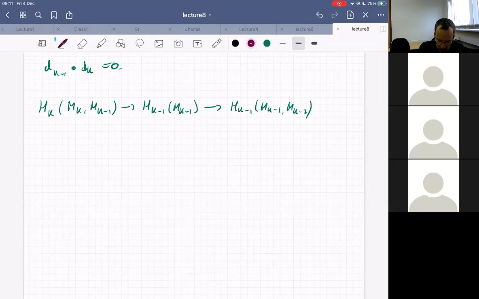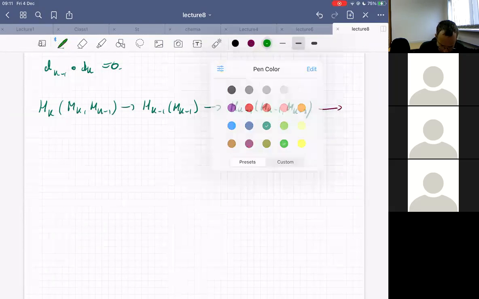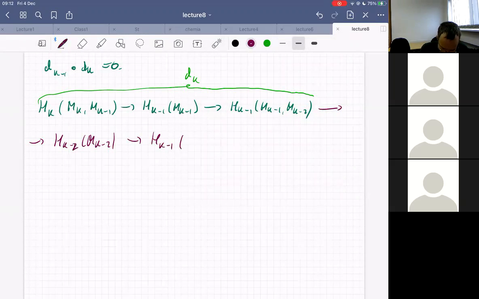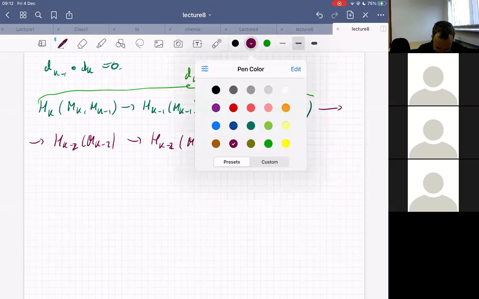This is the first map, so now I change the color. So this is dk, and now I change the color, and then I go to hk minus 1 mk minus 2, and then I go to hk minus 2, mk minus 2, mk minus 3. So this is the second map.